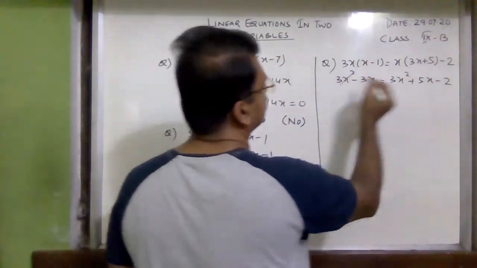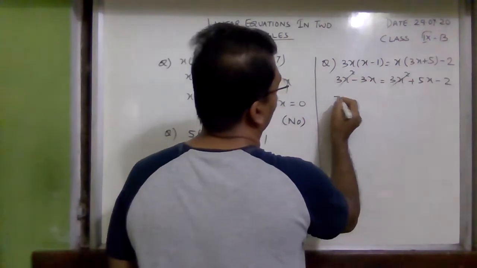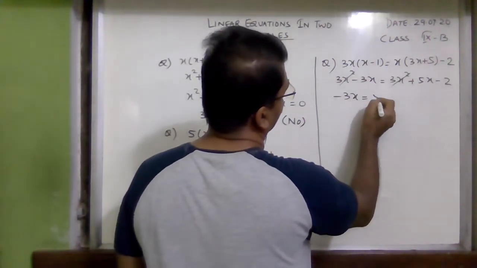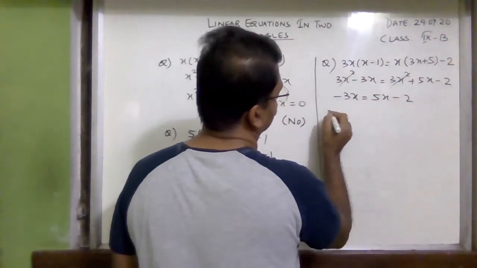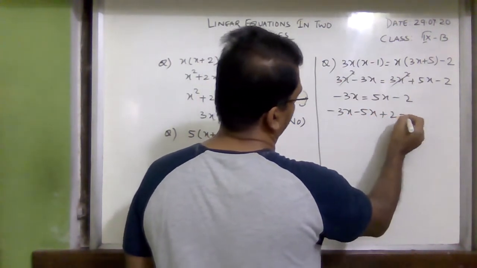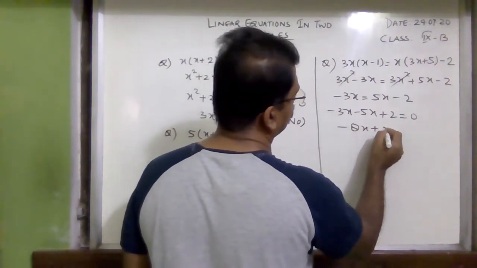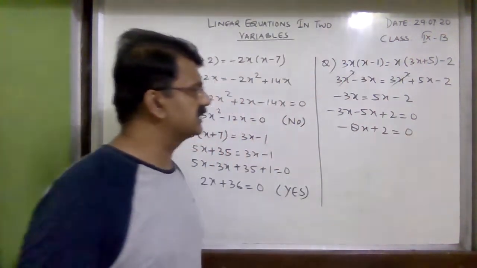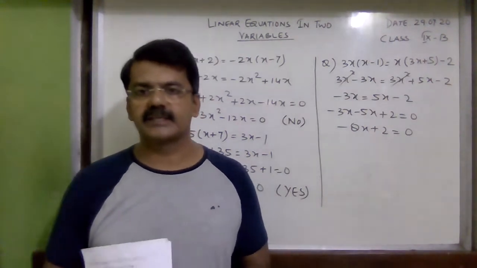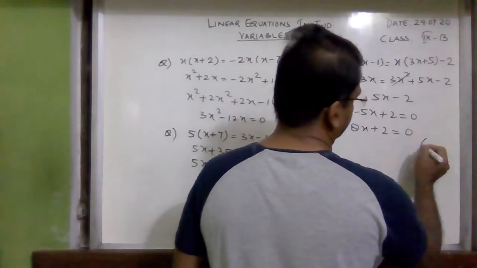Now you see 3x square can be cancelled, so we have minus 3x is equal to 5x minus 2. So minus 3x minus 5x plus 2 is equal to 0. That is minus 8x plus 2 is equal to 0. Now as you can see, the highest power of x is 1 here. So again it is a linear equation. So your answer is yes.